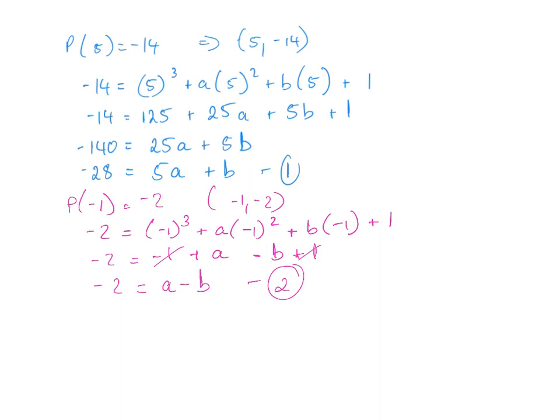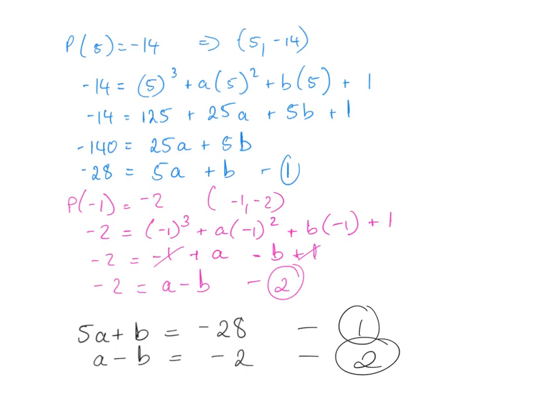What do I now do with those equations? You can see my two equations are 5a plus b is equal to -28, and my other one, a minus b is equal to -2. Two unknowns, two equations, so that suggests we need simultaneous equations.